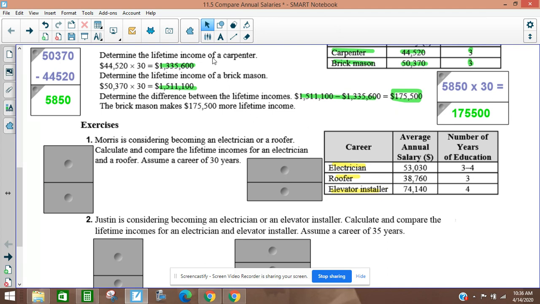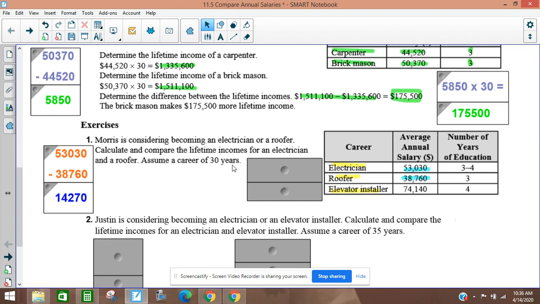So in this case, we're going to compare the electrician and the roofer. Now we notice that the electrician makes more. So I find the difference between those two first, $53,030 minus the $38,760, and the difference is $14,270.